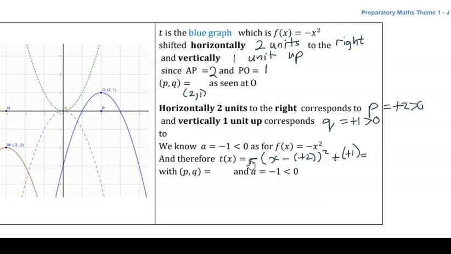We don't have to do it so complicated every time. Minus x minus 2 squared plus 1. And then here again, the PQ value is just 2, 1, as can be seen at the point O there, and my A is negative 1. So I've just taken this purple graph and I shifted it 1 unit up and 2 units to the right.